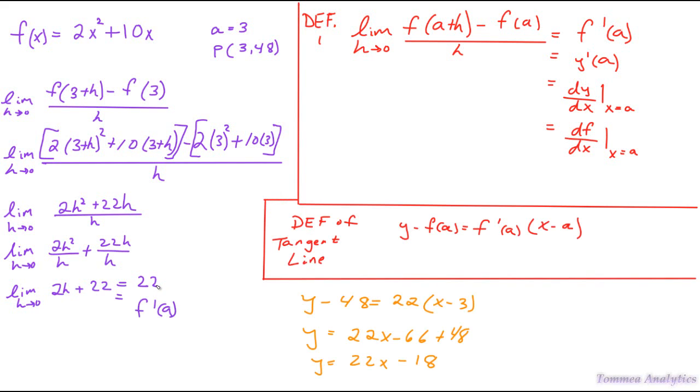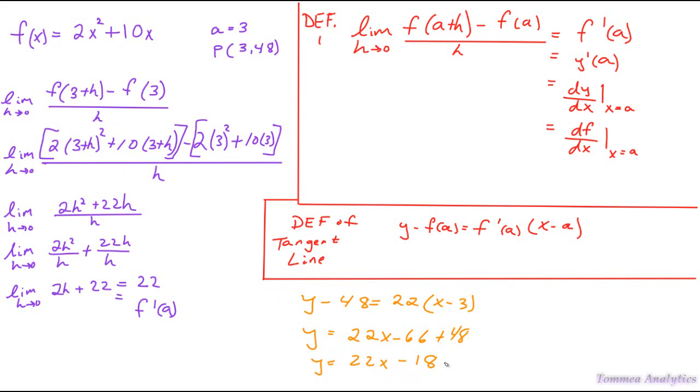So this 22 simply means that it is the slope of the orange line that I've shown earlier on the graph. The orange line is tangent to this function at the point (3, 48). Now also remember the equation of that orange line that I've shown earlier. It was y is equal to 22x minus 18.